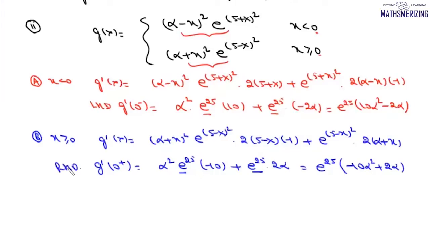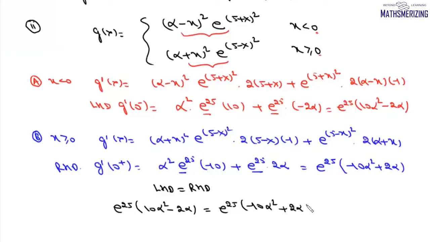Now this function will be differentiable at x equals 0 when left hand derivative is equal to right hand derivative. That is when e to the power 5 times (10 alpha square minus 2 alpha) is equal to e to the power 5 times (minus 10 alpha square plus 2 alpha).